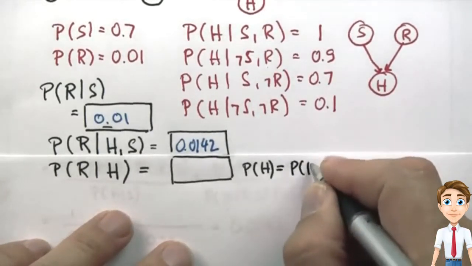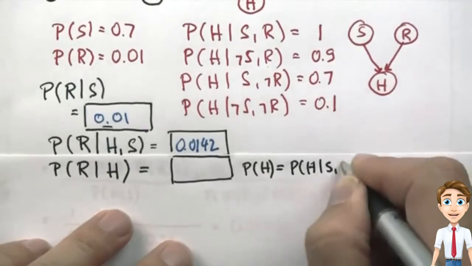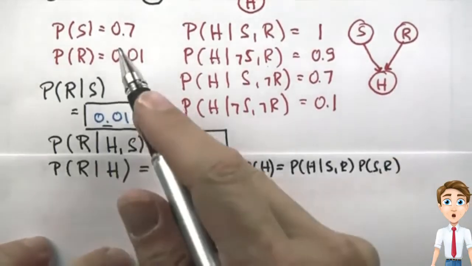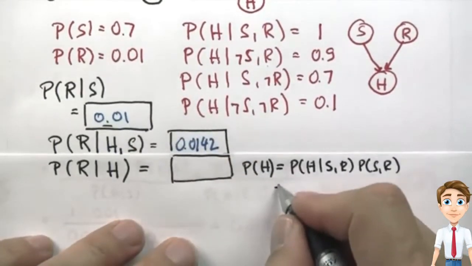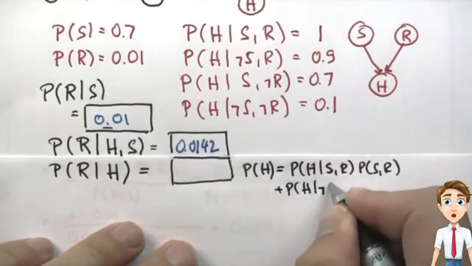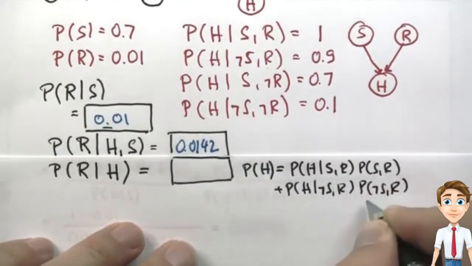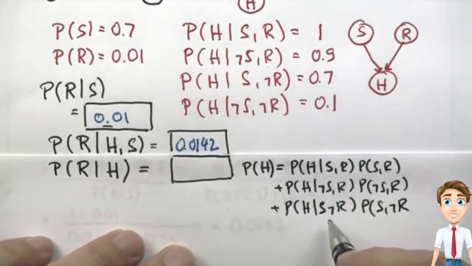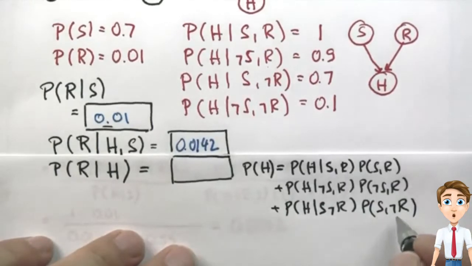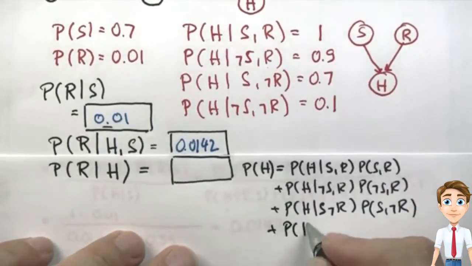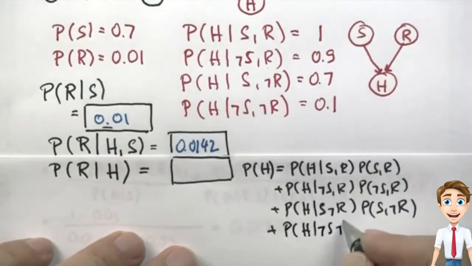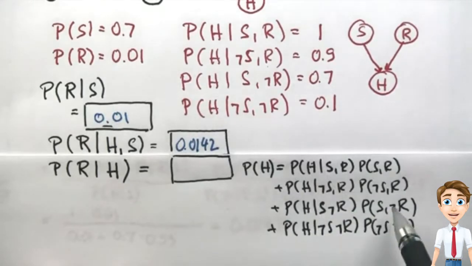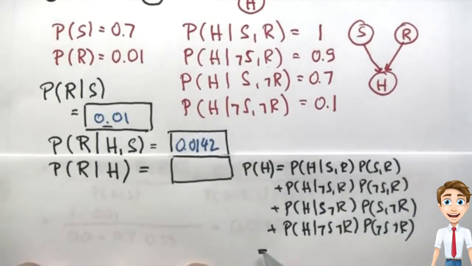P of happiness given S and R times P of S and R, which is of course the product of those two because they're independent, plus P of H given not S and R times the probability of not S and R, plus P of H given S and not R times the probability of S and not R, plus the last case, P of H given not S and not R. So this just looks at the happiness under all four combinations of the variables that can lead to happiness. And you can plug those straight in.